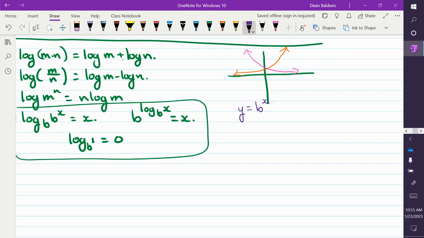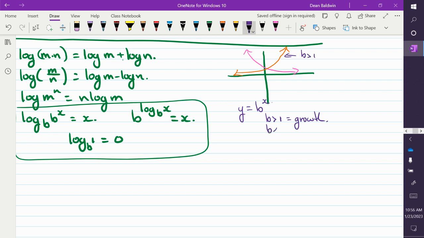The orange one, is the base positive or negative? That's a positive base. Can the base be 0? No. Can it be 1? No, it has to be bigger than 1, because 1 to any power is just 1. So the base bigger than 1 equals growth. That's the orange one.